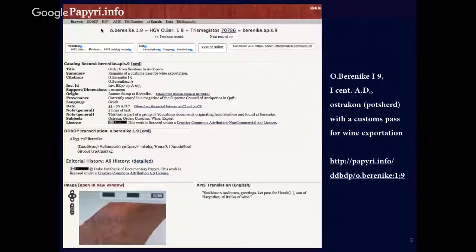And Papyri.info has become a point of reference for papyrological research, as it aggregates in one platform 3 major databases of documentary papyri, as well as providing links to external resources.